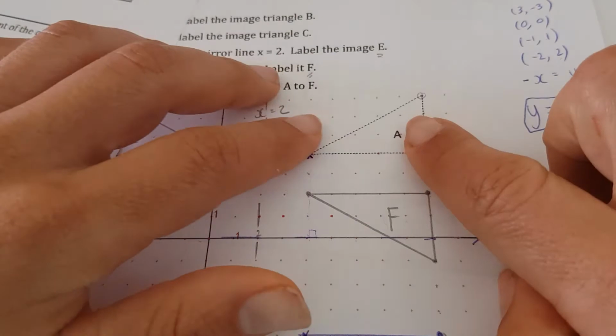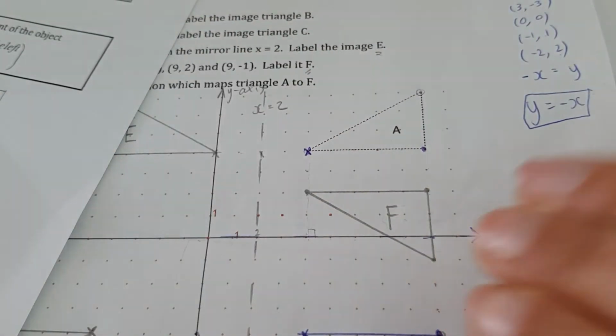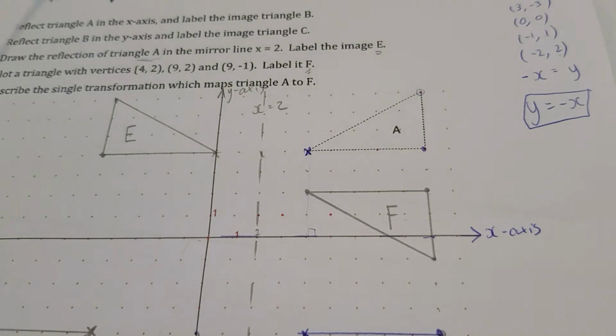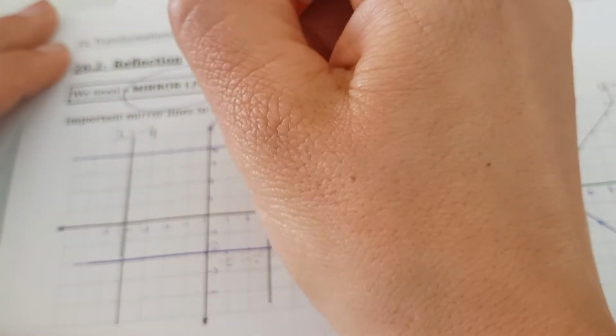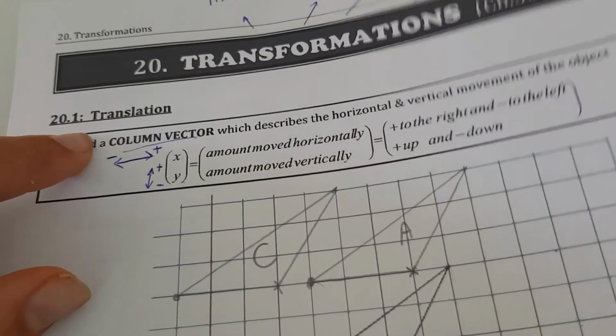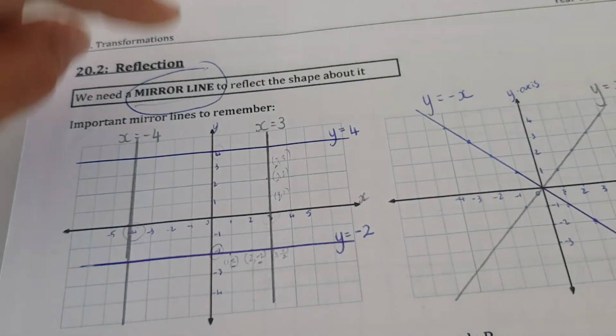No, it is not, because in translation, the shape is still looking upwards. This time it is flipped over. So that is not a translation, but is it a reflection? And yes, it is. Now, for a reflection, we need the mirror line. For translation, we needed the column vector. For reflection, we need the mirror line.